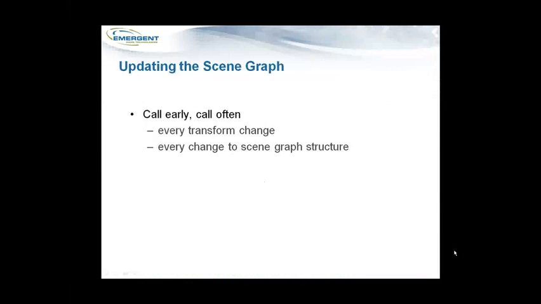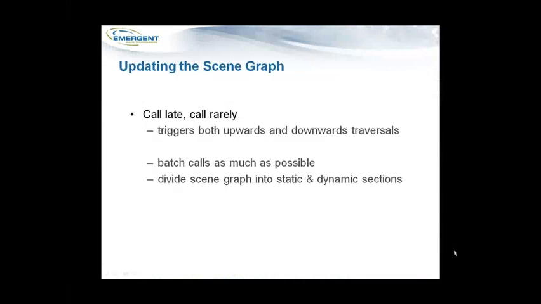So, to get correctness, you would think you would have to call update often and early. But every time you call update, you're making a downward traversal of the scene graph to update the leaves, and an upward traversal of the scene graph to update the bounding volumes. This is expensive. So for performance, you want to update the scene graph late and rarely. Usually what we would advise is that people structure their scene graphs to take this into effect.